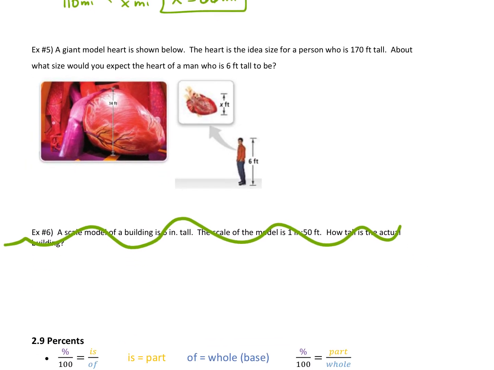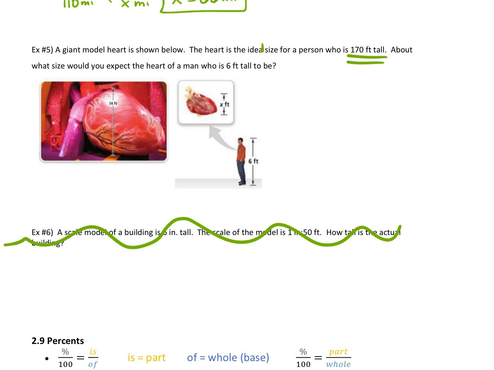Number 15. A giant model heart is shown below. The heart is the ideal size for a person who is 170 feet tall. That would never happen. But they blow it up so they can investigate it deeper.